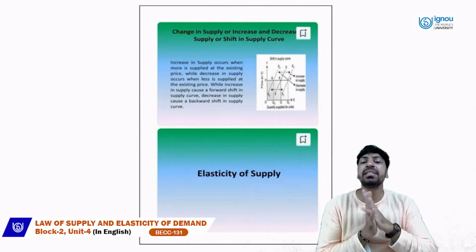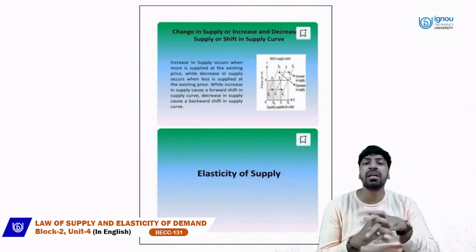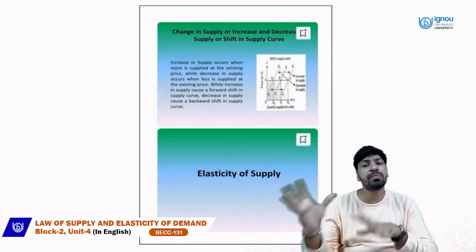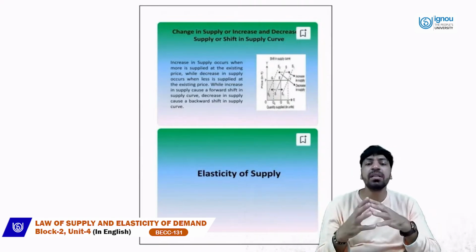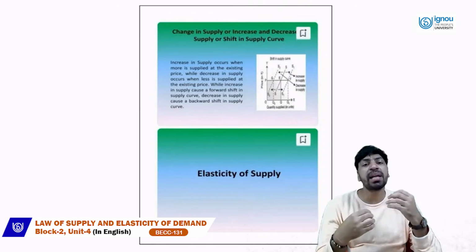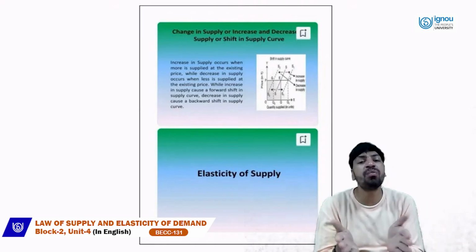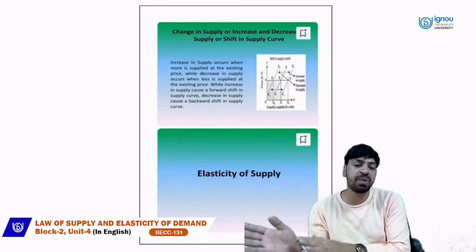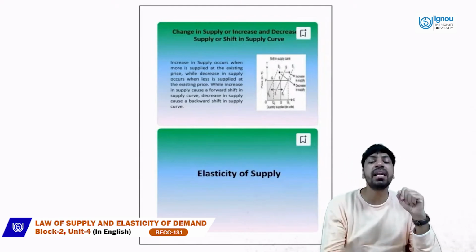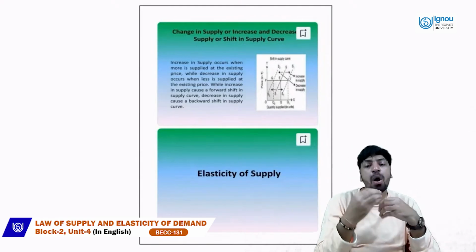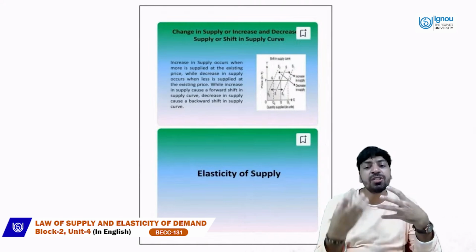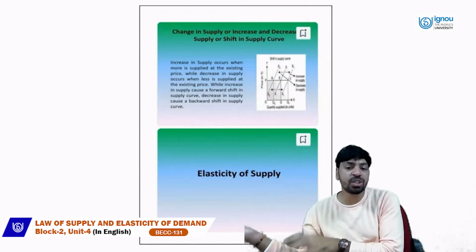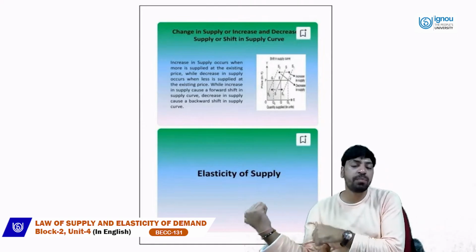So the next concept is elasticity of supply. We always talk about changes in supply due to prices or other factors. We just get to know what the changes are in the particular quantity supplied relevant to its price. But when we talk about elasticity, it shows how much the percentage change in quantity is due to the percentage change in the particular price.